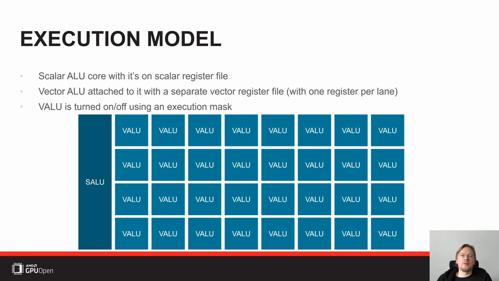The scalar ALU has its own register file, and the vector ALU has another register file. The vector ALU stores 1 value per vector ALU unit lane. The scalar unit also stores 1 value, right? The vector register is obviously 32 times bigger. And you can turn on and off individual vector lanes using an execution mask.